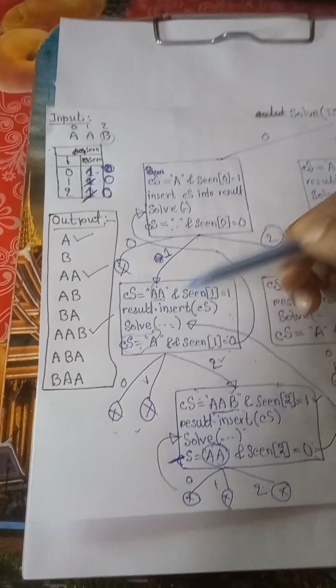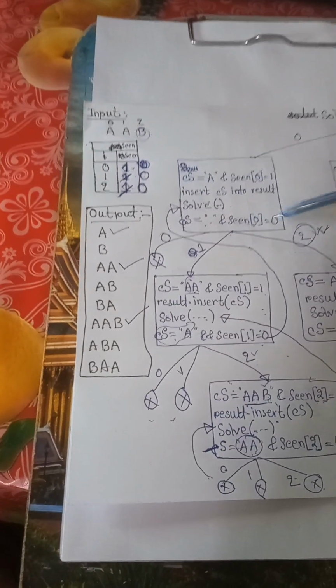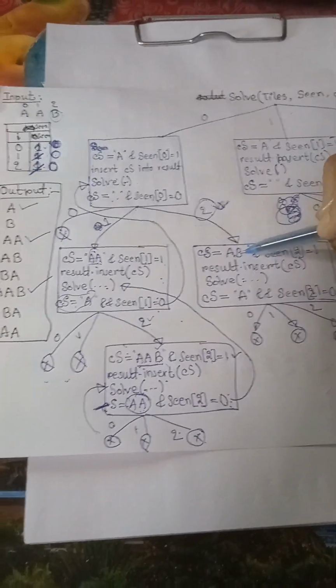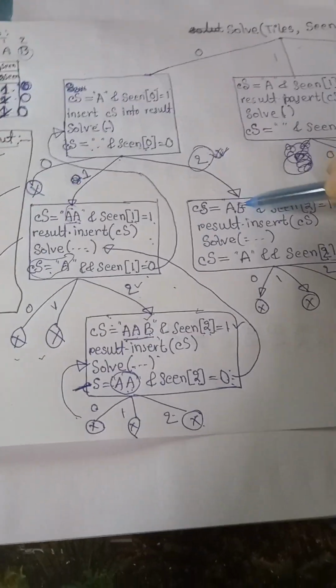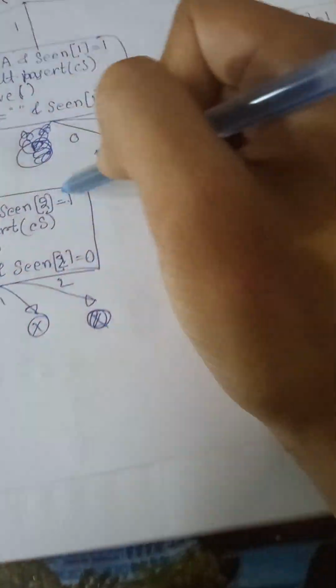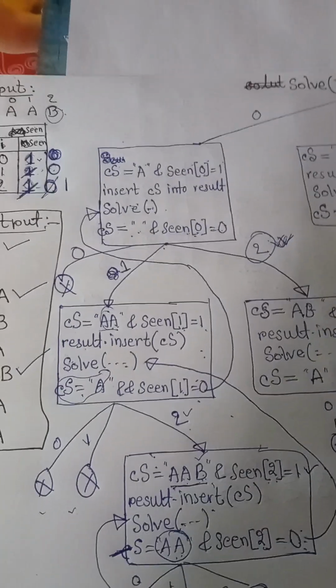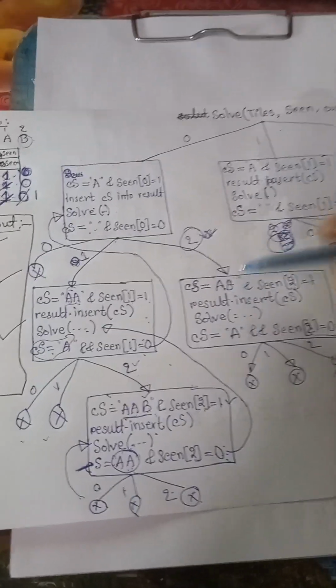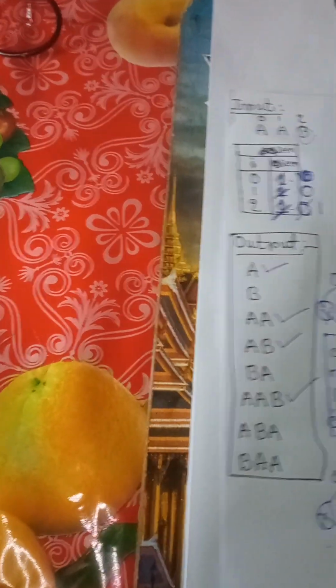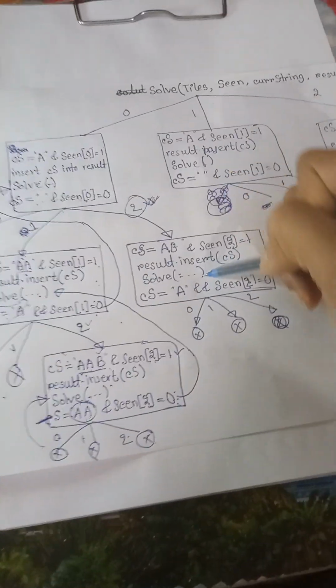My current string is A, and this line will not execute first, this will execute, and this index will execute when my current string will be AB, because previously it was A, now at 2 which is B, so B will be inserted into the current string, and my seen[2] will become 1. So this will become 1, and my current string will be inserted into my result. So this is AB, so here you can see this is AB, and I will again call the function solve.